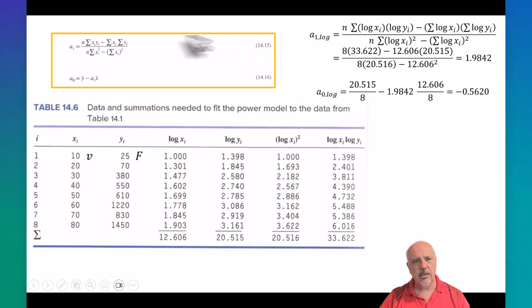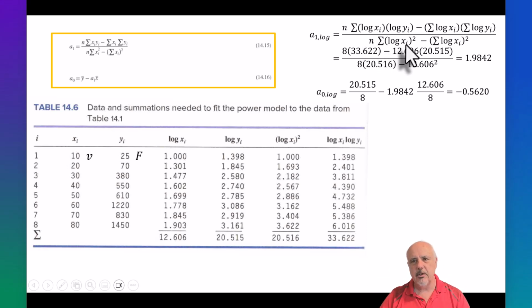For my a1 log, I'm just going to take my original equation and replace x sub i with log of x sub i, and replace y sub i with log of y sub i. I have to be careful when dealing with the x sub i squared and the summation of x sub i quantity squared.